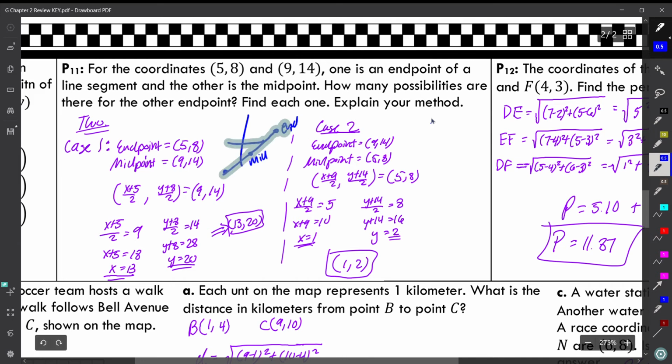Now we choose the other point: the first time we chose the endpoint to be (5, 8), now we'll choose (9, 14) to be the endpoint, and the midpoint we'll choose to be (5, 8). Now (x+9)/2, (y+14)/2 is equal to the midpoint, now (5, 8), and then solve. We get x to be 1, and then solve the other one, you get y is 2, so it could be either (1, 2) or (13, 20).